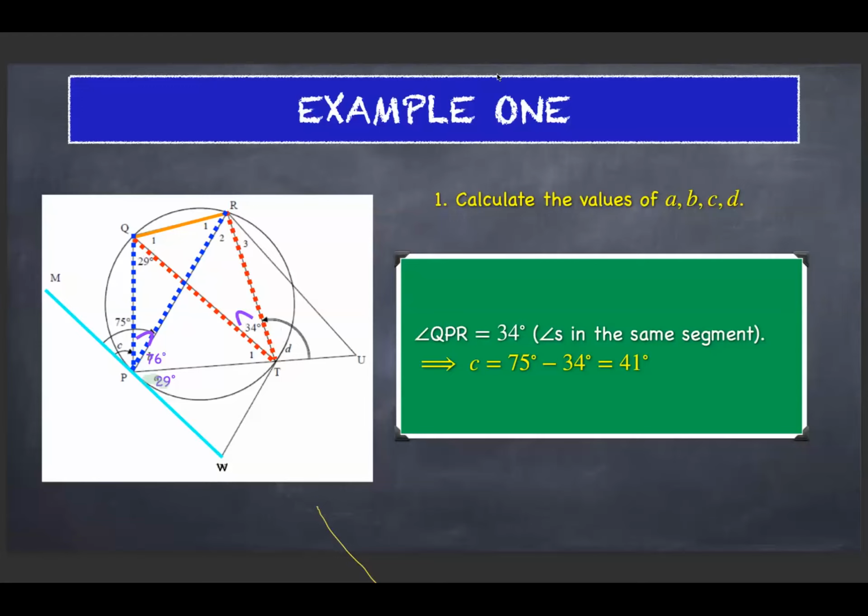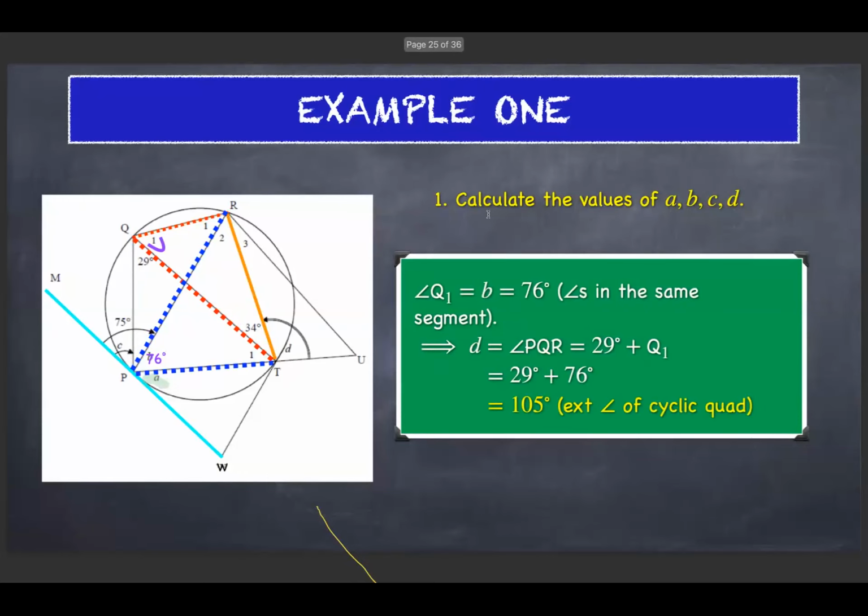So if we go to the next slide, we will see there that angle Q1 is the same as angle B, basically. So that is because we've got this chord here, RT. So we're going to do angles in the same segment again.